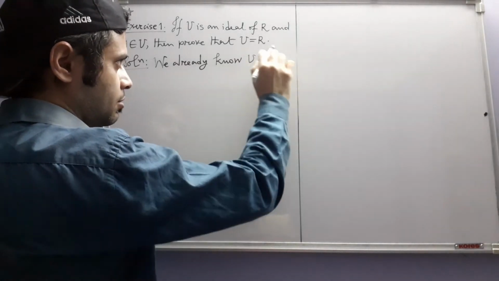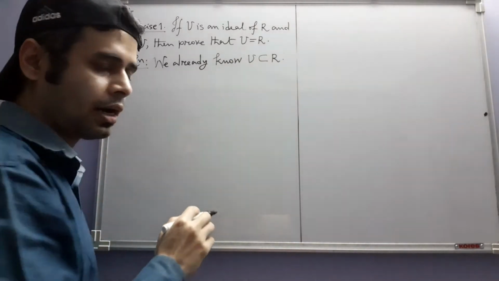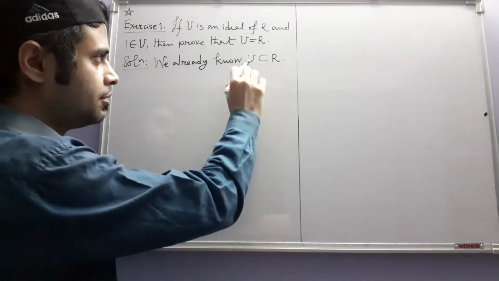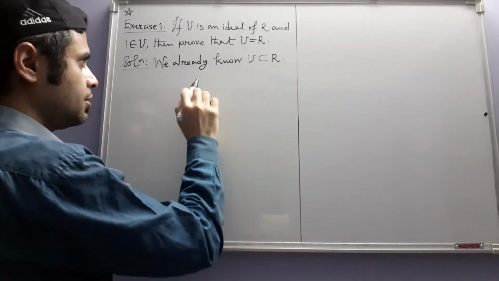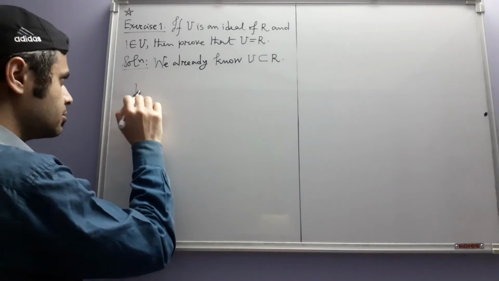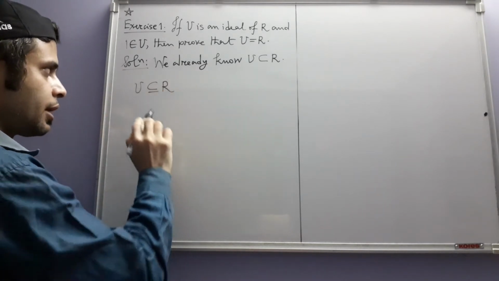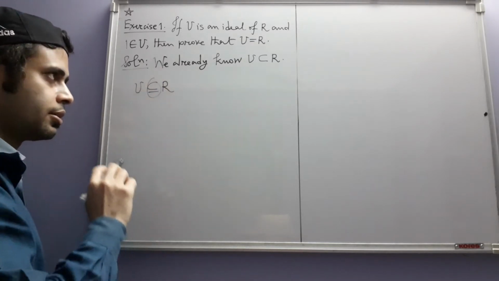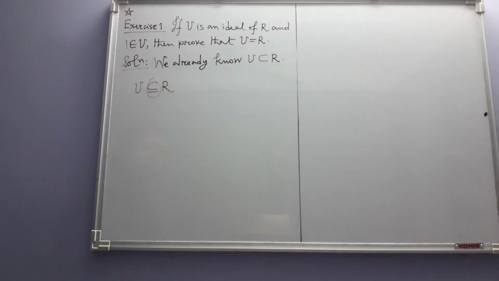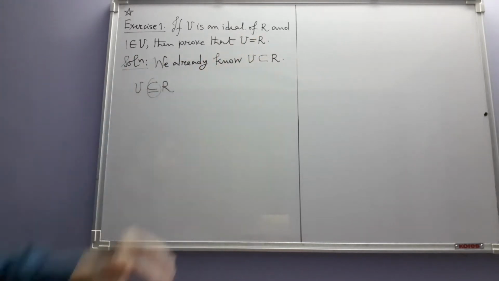By this notation, we mean that U is a subset of R, or Herstein means that U is a subset of R. The same thing if Terence Tao writes, he would write like this. For Tao, this is the notation for the subset relation. However, Herstein means the same thing using just this one.